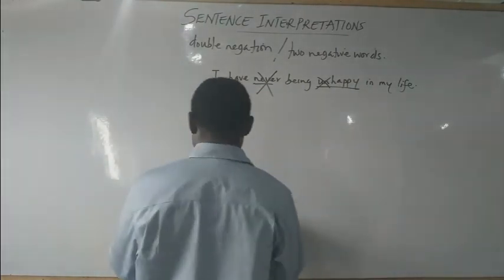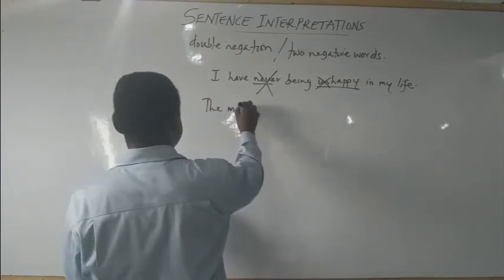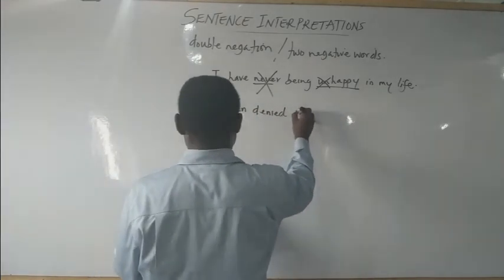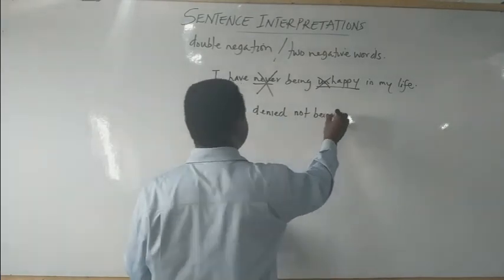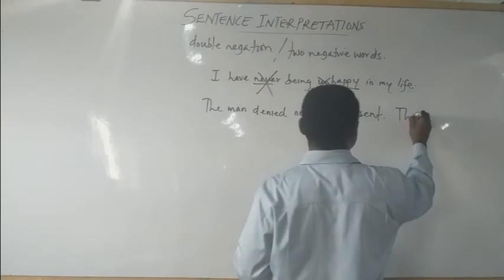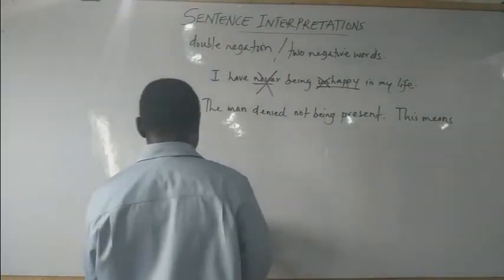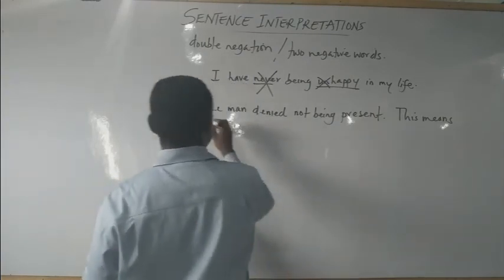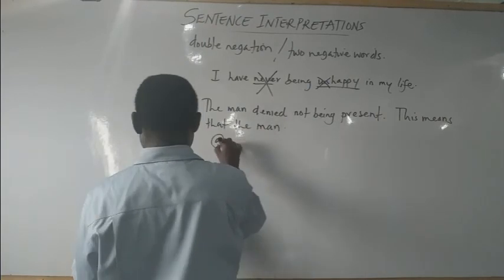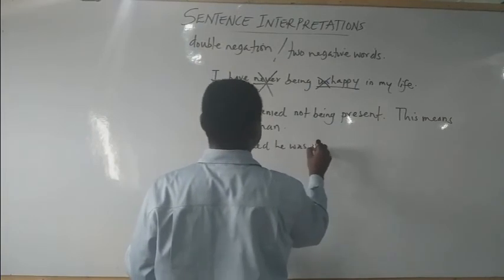Now let's look at examples in your past questions. Look at this. The man denied not being present. This means that A, the man claimed he was present.